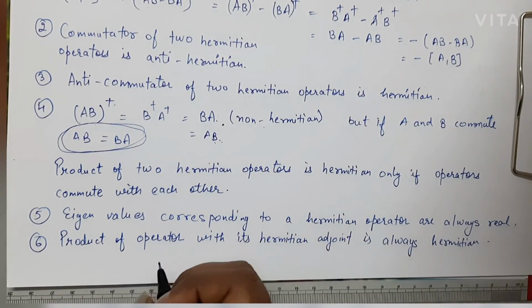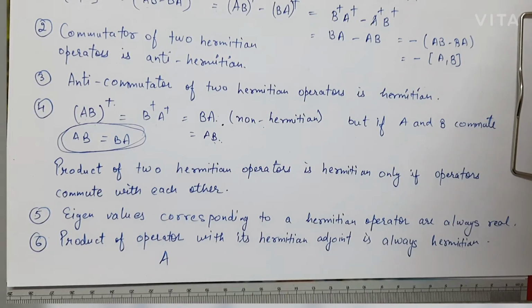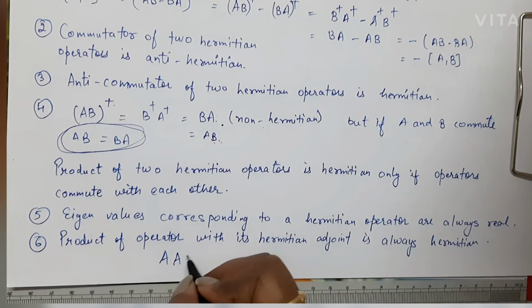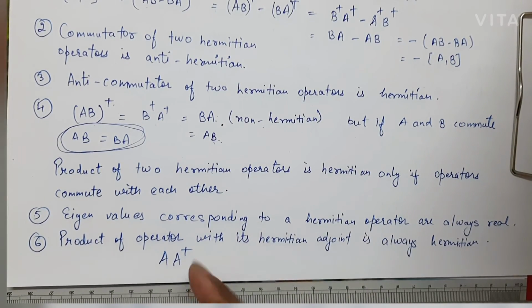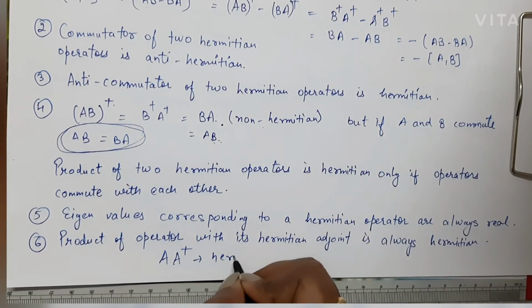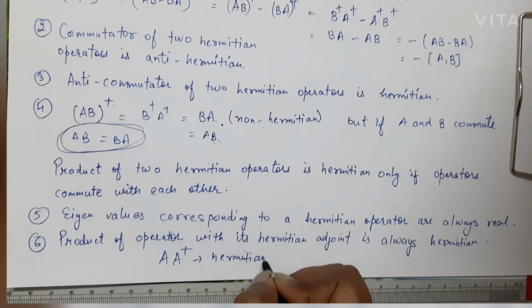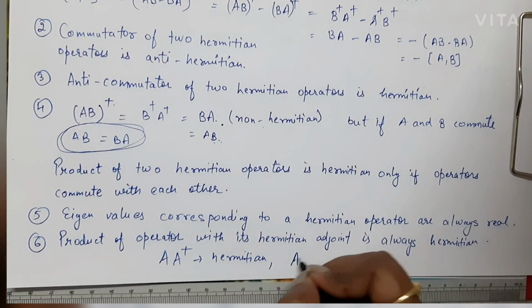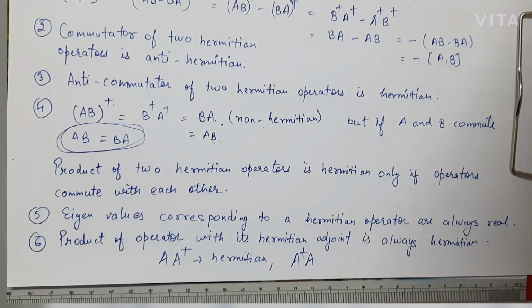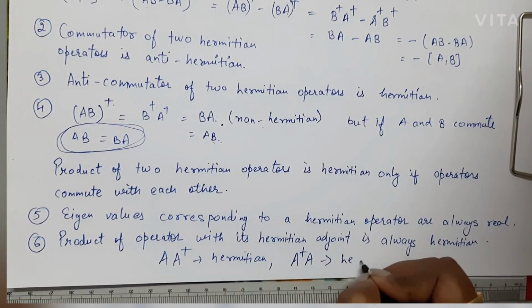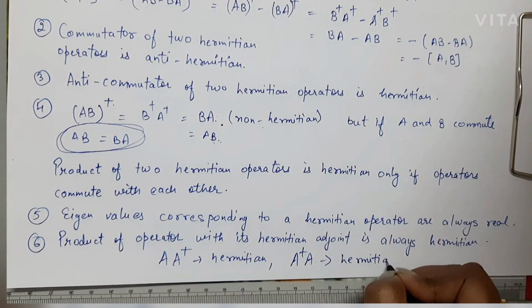It simply means that if we have an operator A, and we have A dagger, then their multiplication is Hermitian. And also if we have A dagger multiplied by A, then their multiplication is also Hermitian. Okay.